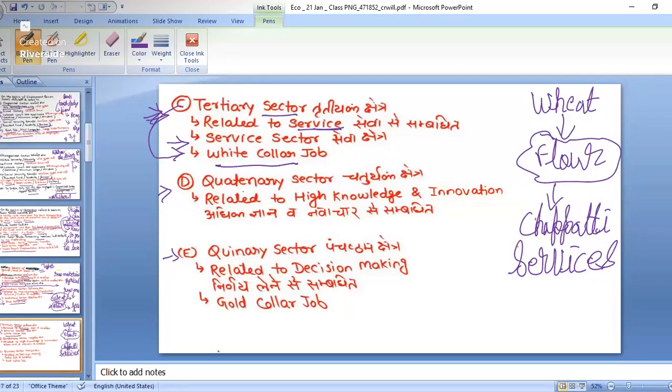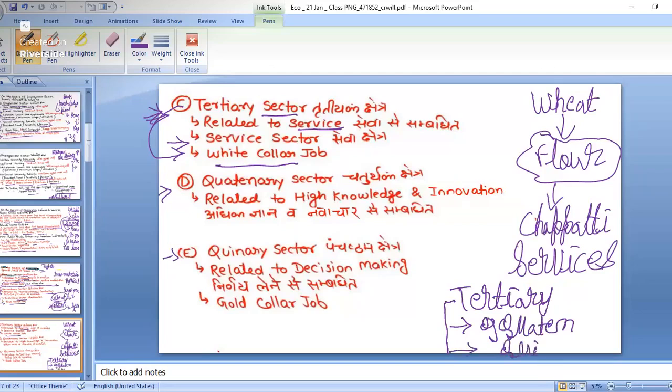Then the fourth one is the quaternary sector. Earlier we were studying only up to the tertiary sector. Now this tertiary sector has been divided into various parts: one is quaternary, and the other is quinary sector. In the quaternary sector, what is happening?